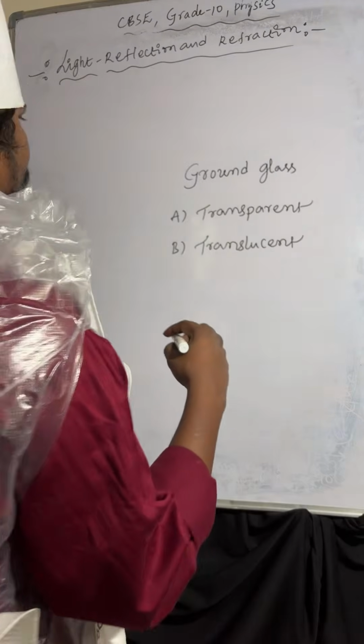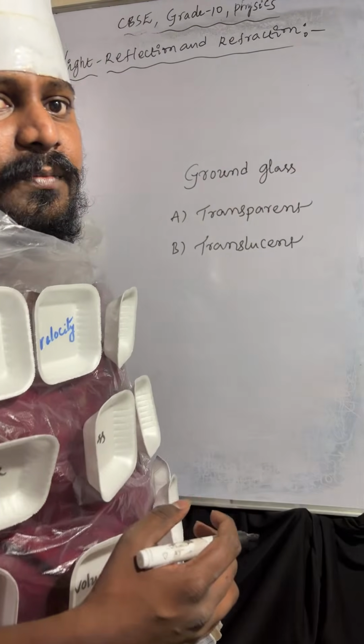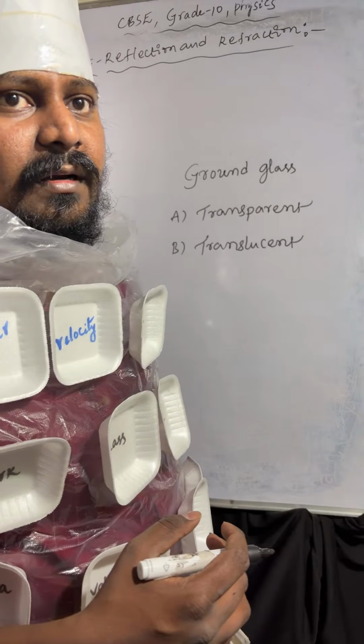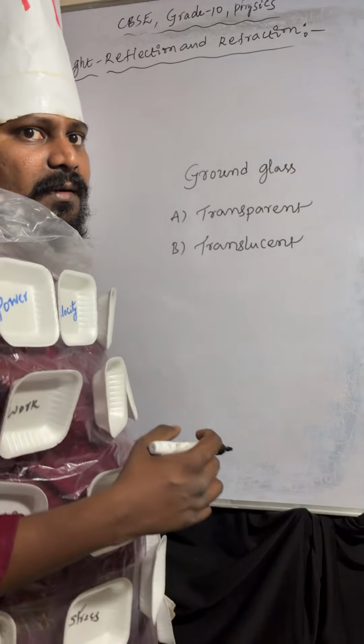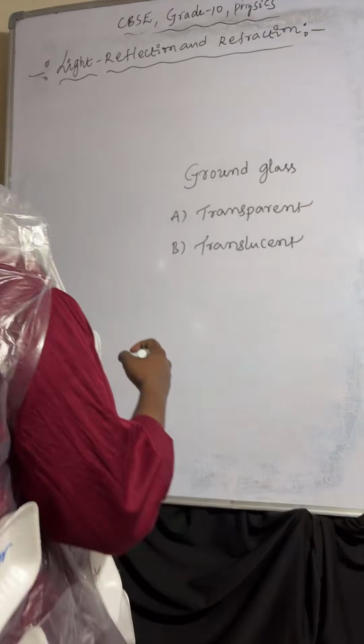Ground glass is a translucent or transparent object? Let me know the answer in the comment section.